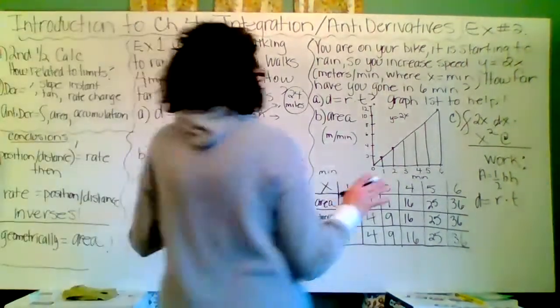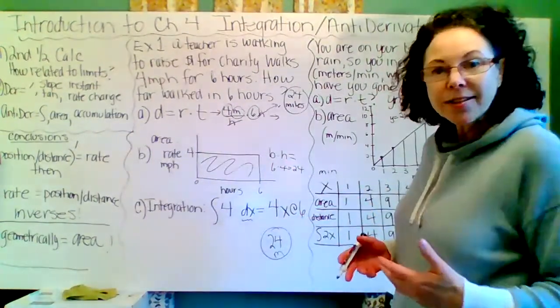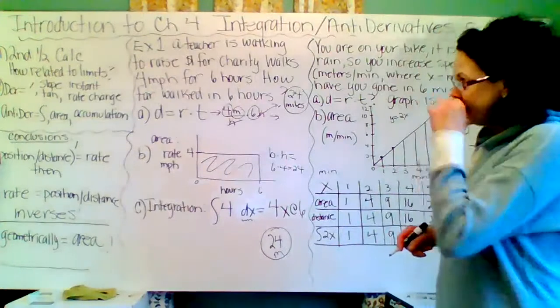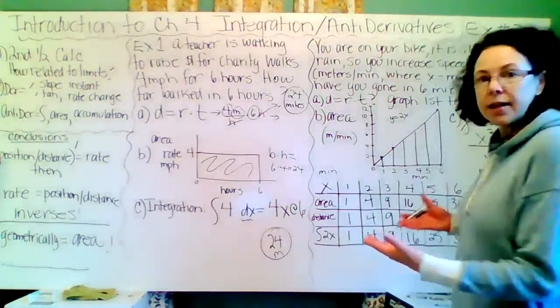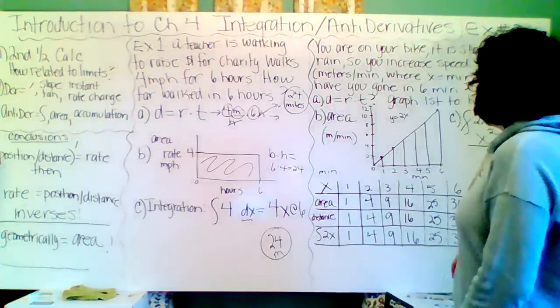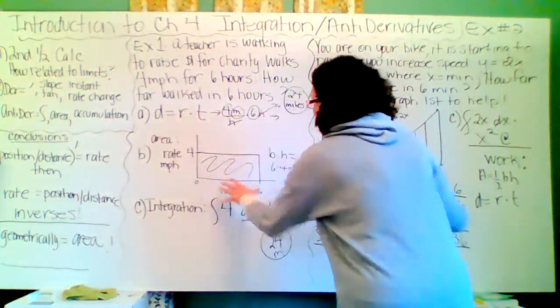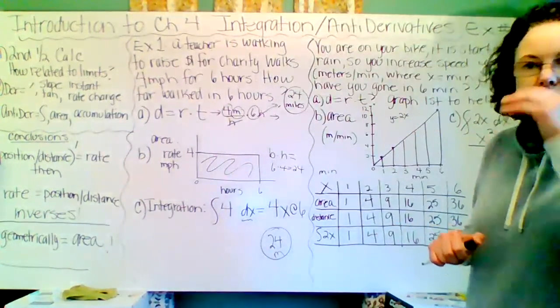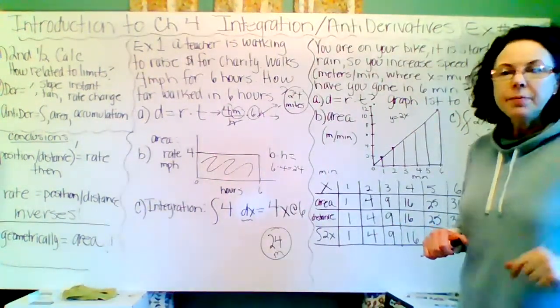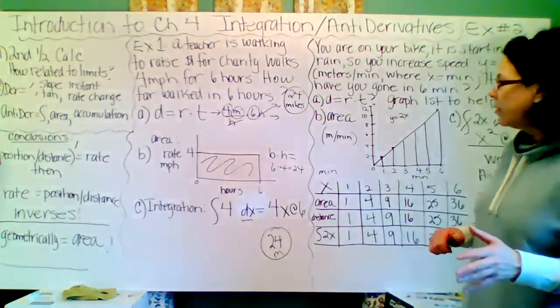Do you believe me that if you graph a rate function and they ask you what is the integral, what is the area, that it is the area between the rate function and the x-axis? Do you believe me that it represents accumulation? Isn't that what happened?